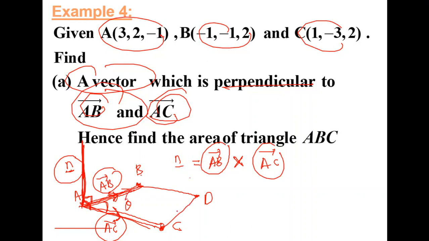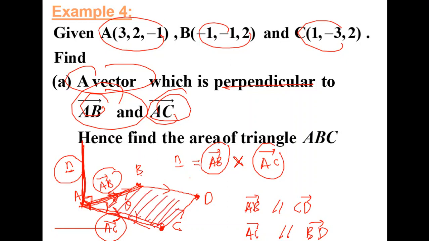Vector AB is parallel to vector CD, and at the same time vector AC is parallel to vector BD. You need to find this position vector, then find the area of the parallelogram. So from the coordinates given, change to position vectors.